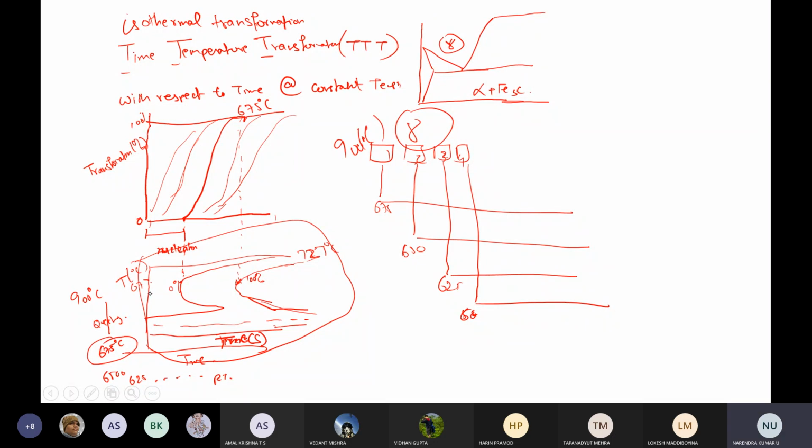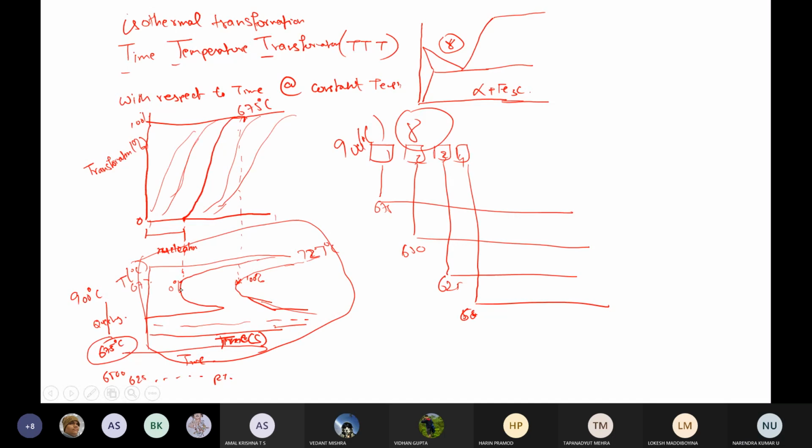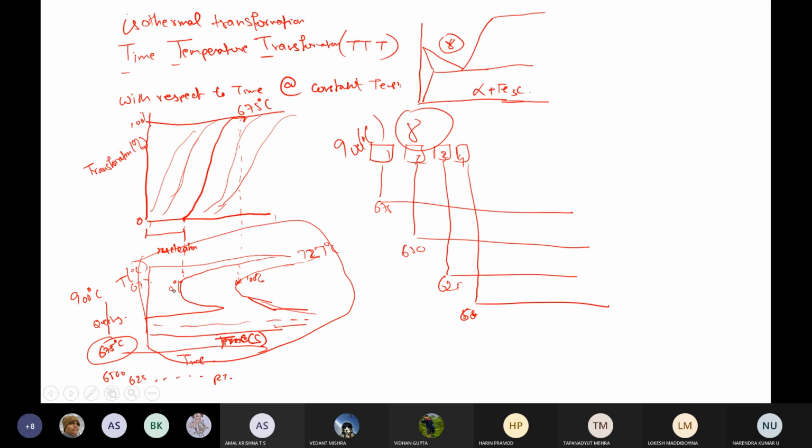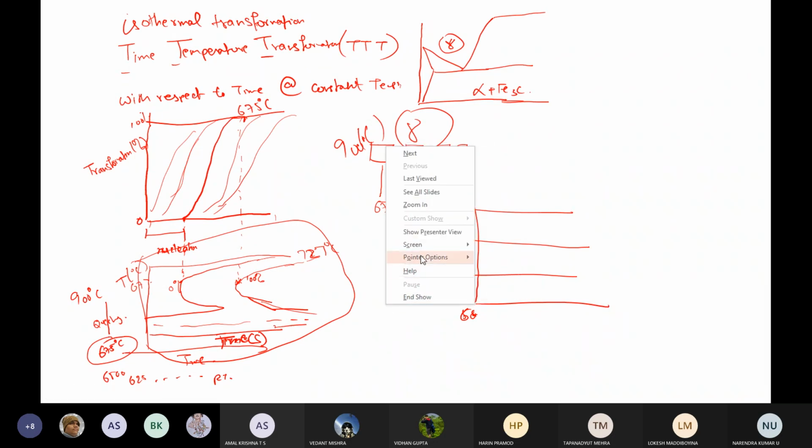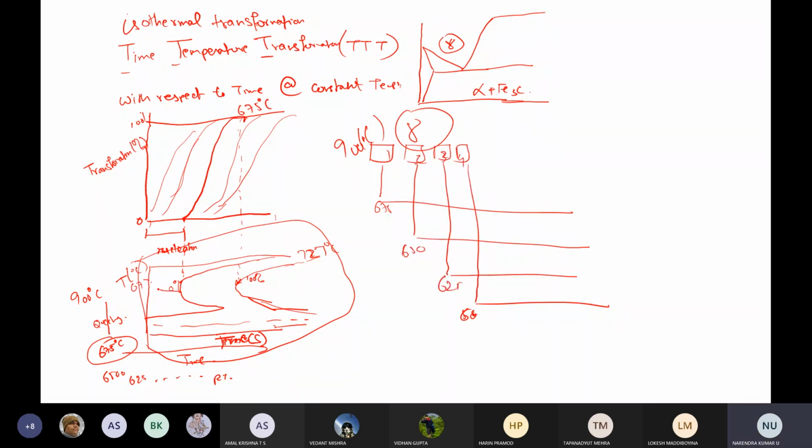So up to 550. This is the nose. So around 550, that is the nose of the curve tip. So you get here coarse perlite, medium perlite, fine perlite.